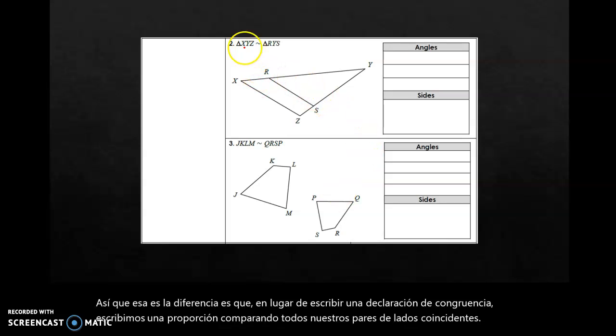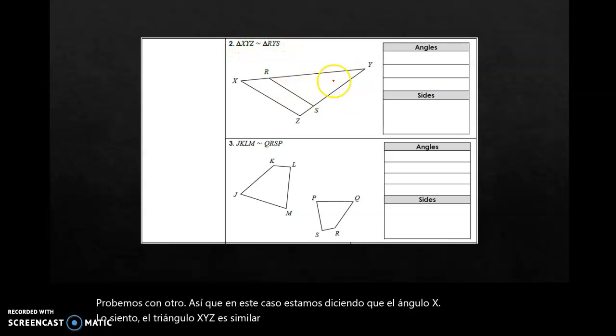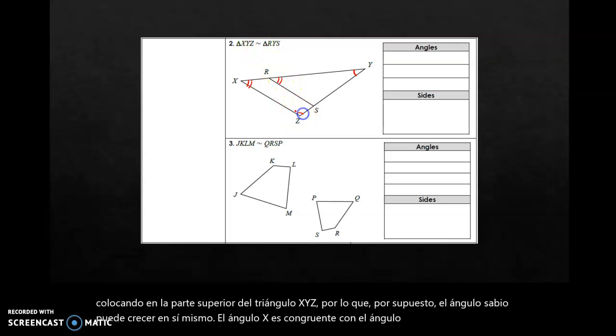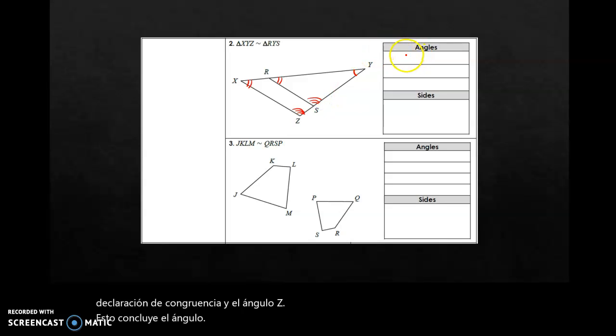Let's try another one. In this case, we're saying that triangle XYZ is similar to triangle RYS. Triangle RYS is laying on top of triangle XYZ. So of course, angle Y is congruent to itself. Angle X is congruent to angle R according to our similarity statement, and angle Z is congruent to angle S. So again, same type of thing.